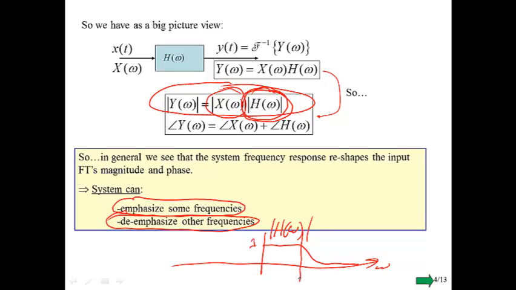So what that's saying is, in this range of frequencies here, the system isn't really doing anything. It's passing those frequencies kind of untouched. But in this range of frequencies, it's suppressing or attenuating the contribution. So it's reducing the contribution of those frequencies. And by doing that, we can change the signal. And we'll talk more about this as we go.